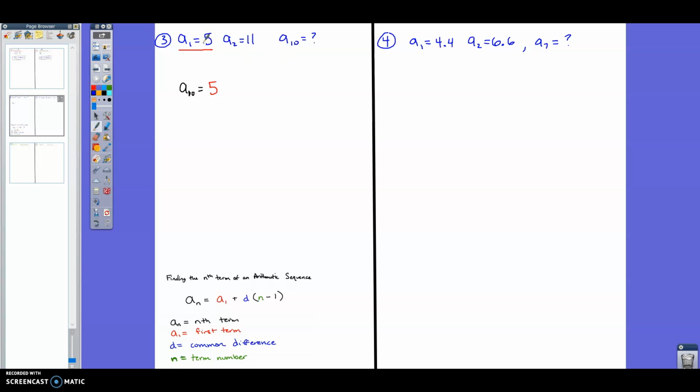So if our first term is 5 and our second term is 11, going from 5 to 11, we add 6. So that's going to be D, our common difference. And since we are looking for the 10th term, that is what N is going to be. So all we have to do now is evaluate this expression, and that'll tell us exactly what the 10th term is. So here, 10 minus 1 is 9, times 6 is 54, plus 5 would be 59.